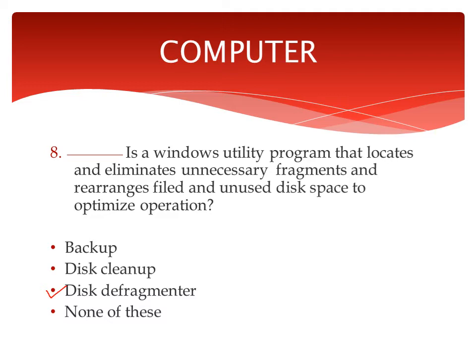Eighth question: which is a Windows utility program that locates and eliminates unnecessary fragments and rearranges filled and unused disk space to optimize operation? First, backup; second, disk cleanup; third, disk defragmenter; fourth, none of these. Correct answer is disk defragmenter.